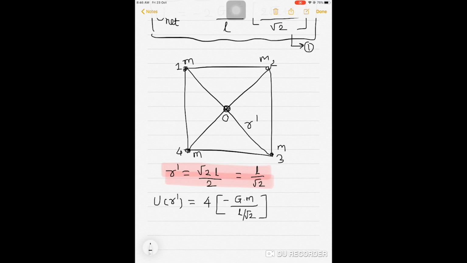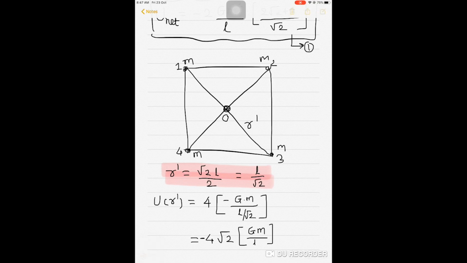So this root 2 will move into the numerator, so that will be minus 4 root 2 G m over L. So this would be our answer on the center.